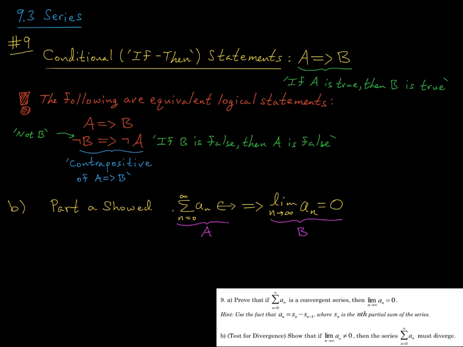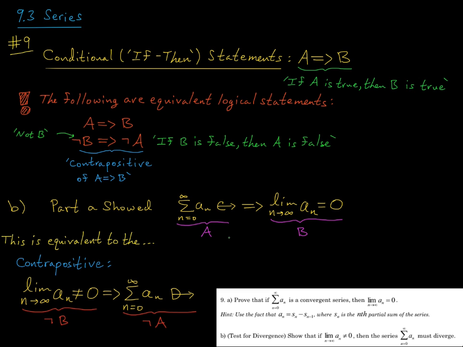So here's our statement A implies this statement B. So what I'm saying up here is that A implies B is logically equivalent to not B implies not A. So what does the contrapositive look like here?